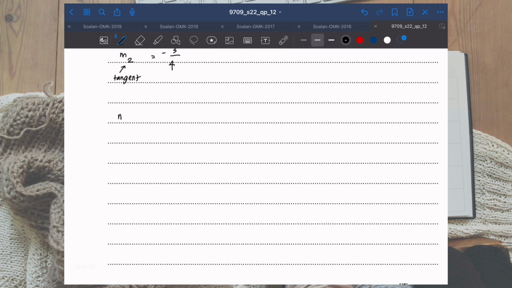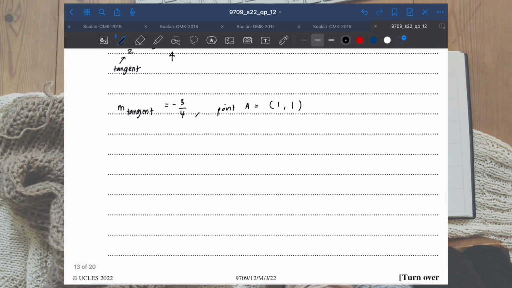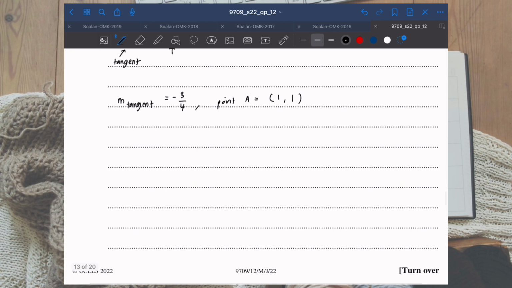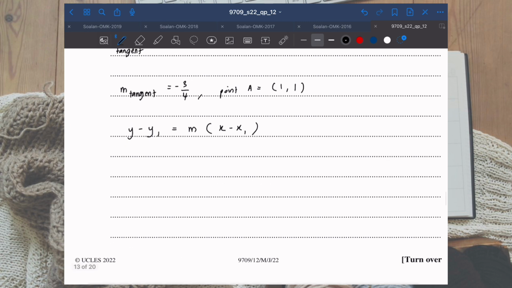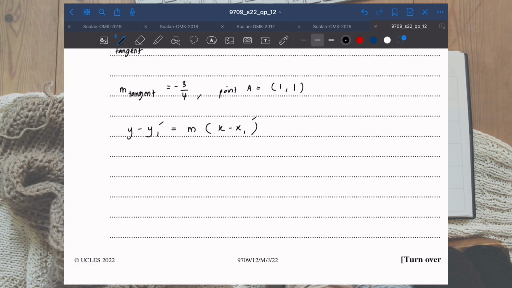So now that you have your gradient, which is -3/4, and you know the point that lies on the line, which is A (1, 1), you can substitute it back into the equation for any line, which is y - y1 = m(x - x1), where your y1 and x1 are the coordinates of the point that lies on the line.